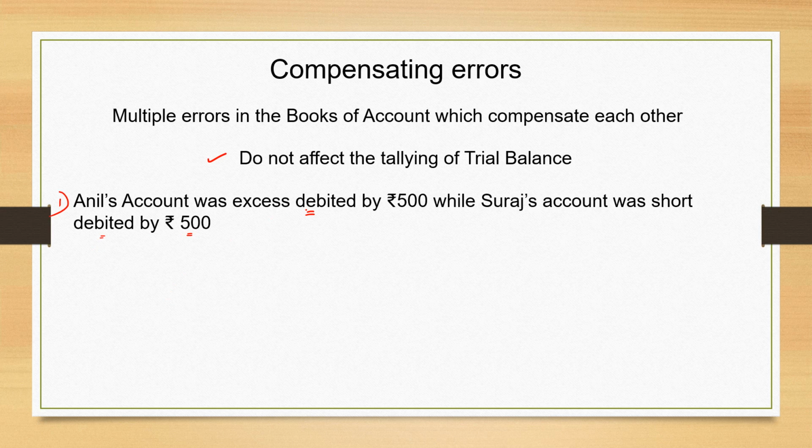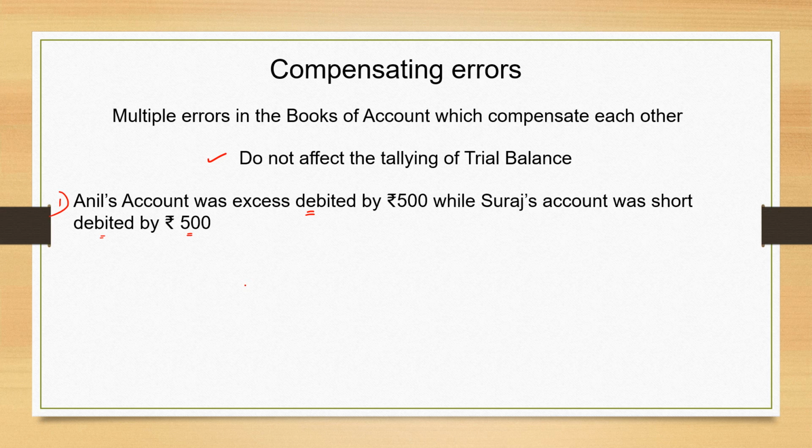So what happens? Anil account has more 500, Suraj account has less 500. So it gets compensated and the debit side total would be tallying with the credit side total because this excess is nullifying the short debit of 500. So this is a case of compensating error.